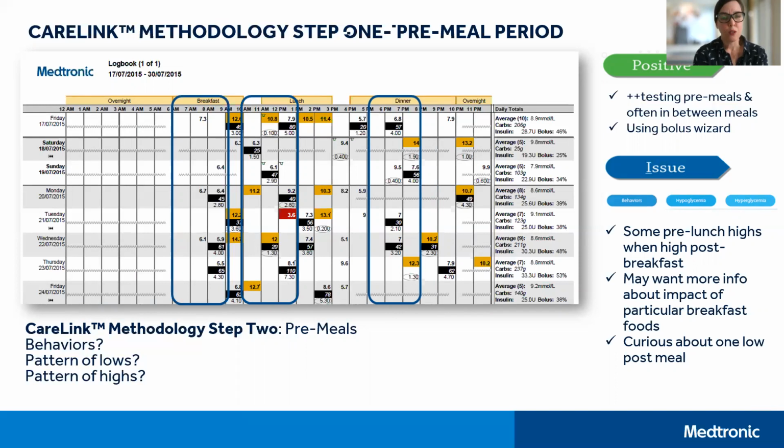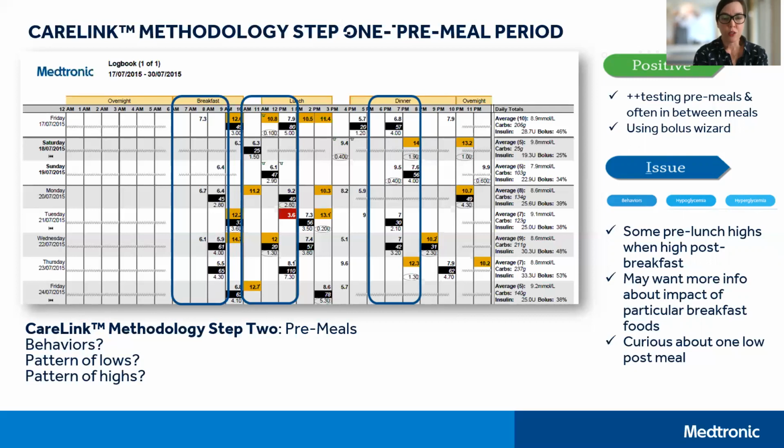So we would kind of want to know, is it a carb ratio issue or is it a basal issue? We may want some more info about the impact of particular breakfast foods, because clearly in some instances, everything is perfectly fine, but after some breakfast meals, this person is a little bit on the higher side.